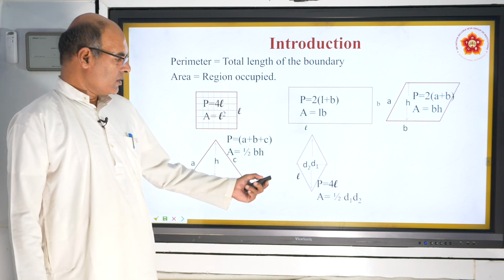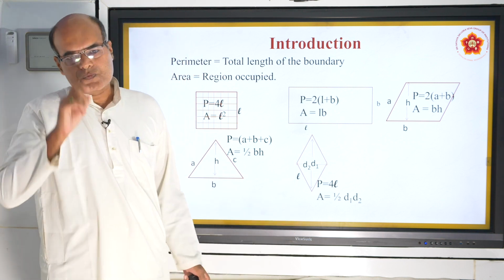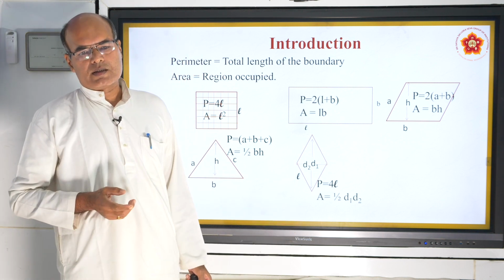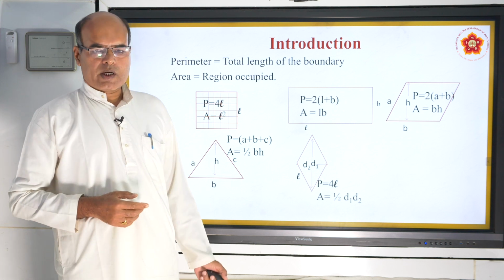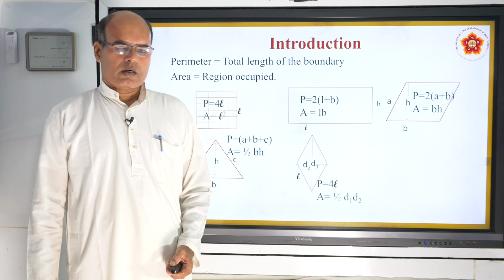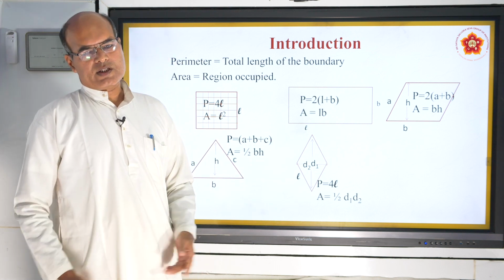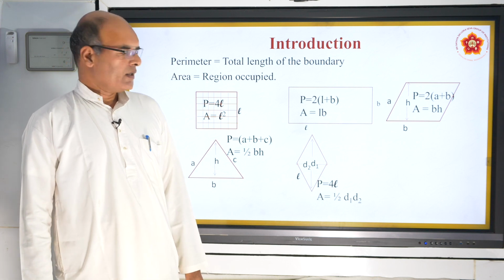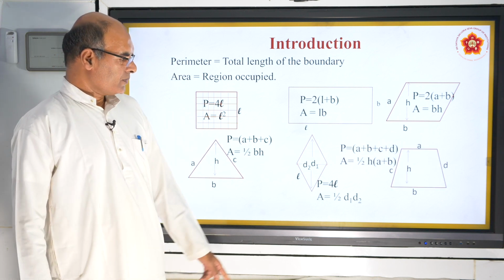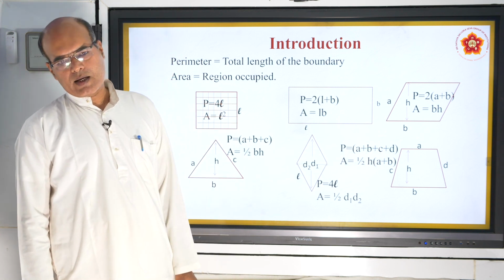For a rhombus, if the diagonals are D1 and D2, then its area is half of the product of diagonals, half D1 D2 square units, and you know that as in square, in rhombus also all the 4 sides are equal, therefore its perimeter is 4L units. A trapezium is the quadrilateral in which only one pair of opposite sides are parallel.